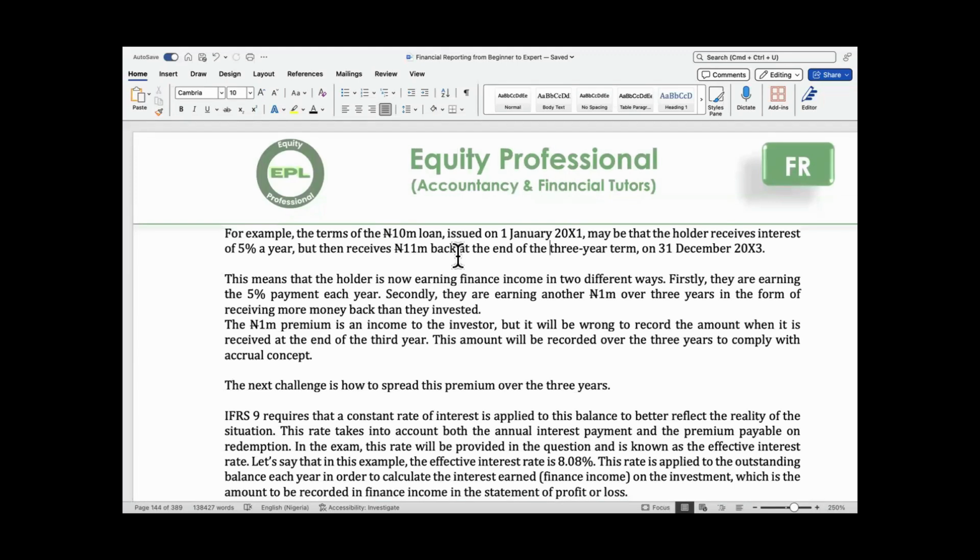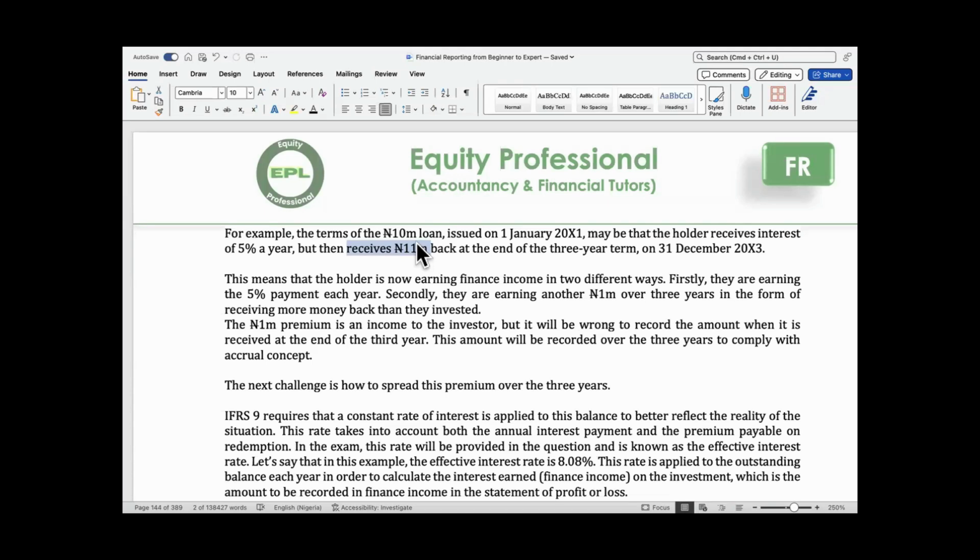You will use a constant rate, just like the way this fixed interest is a rate. So it was easy for us to recognize every year. The same thing, this extra 1 million too, they would help you convert it to a rate. The method we use in spreading that extra 1 million, we call it the effective interest rate method.